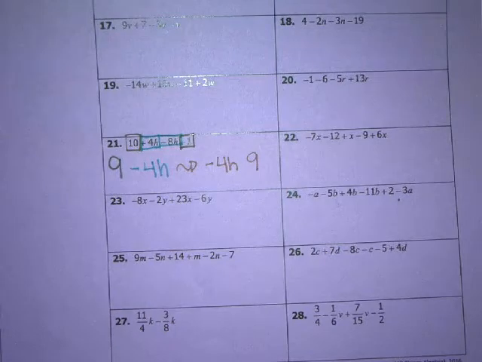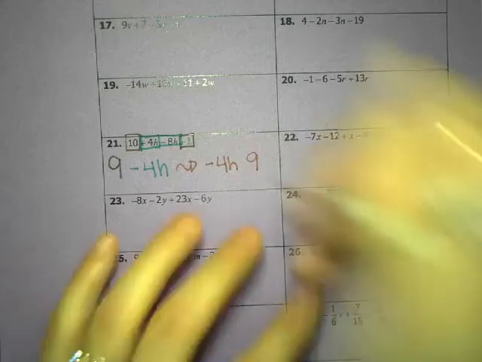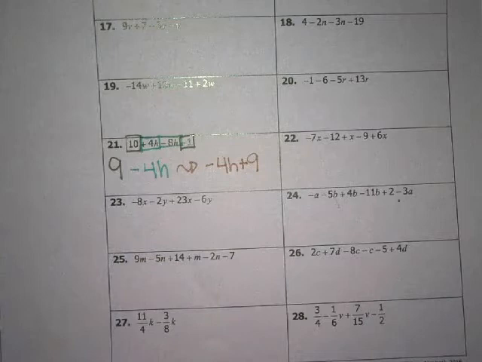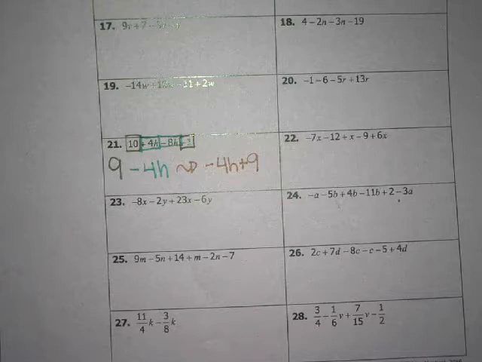Well, was that 9 a positive 9 or a negative 9? And if it's a positive, do I put a plus sign or a minus sign? Plus sign. But it's a positive. So if it's a positive, I write a positive. If it's a negative, I write a negative. So you can flip around your terms as long as whatever the sign is in front stays with it.